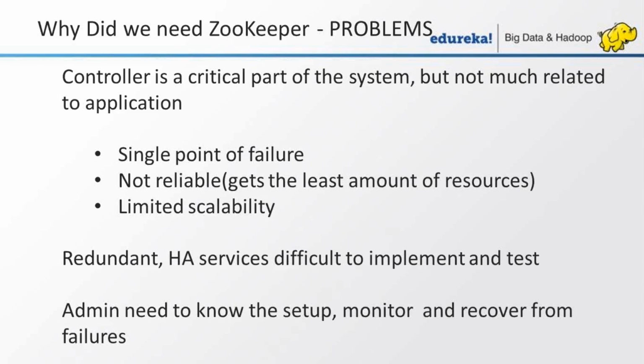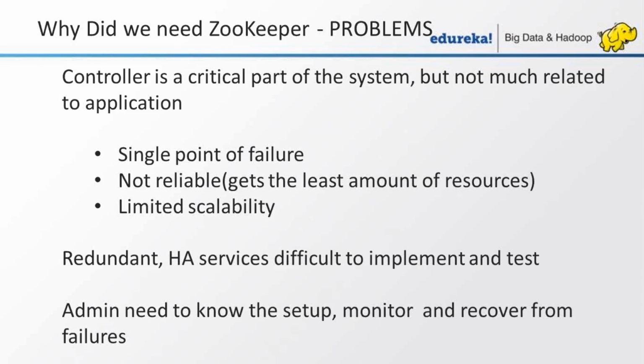ZooKeeper gives you fault tolerance. It is not a single point of failure. As we go on, we'll see the ZooKeeper quorum, the quorum peer that you set. In production, the quorum is formed of multiple ZooKeeper servers, but one of them becomes a leader. How it becomes a leader and what the leader does, we will come to that point.